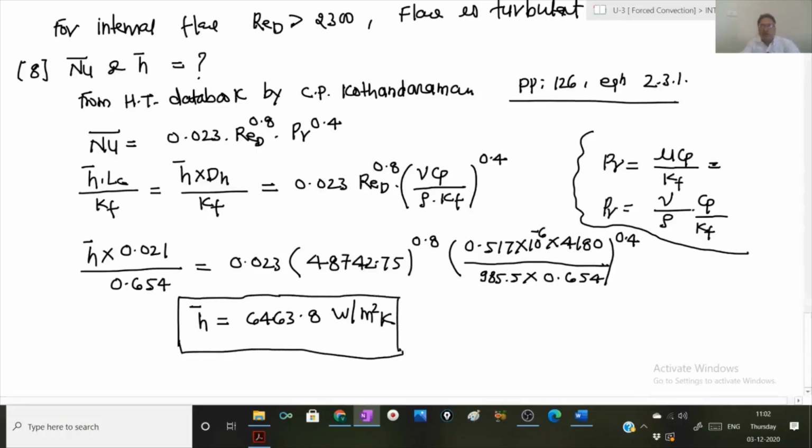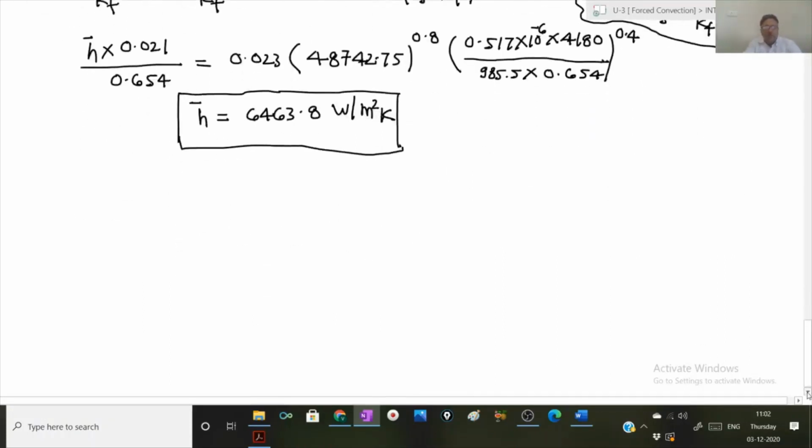So this is not our final answer actually. We are supposed to calculate the length of the rectangular pipe.